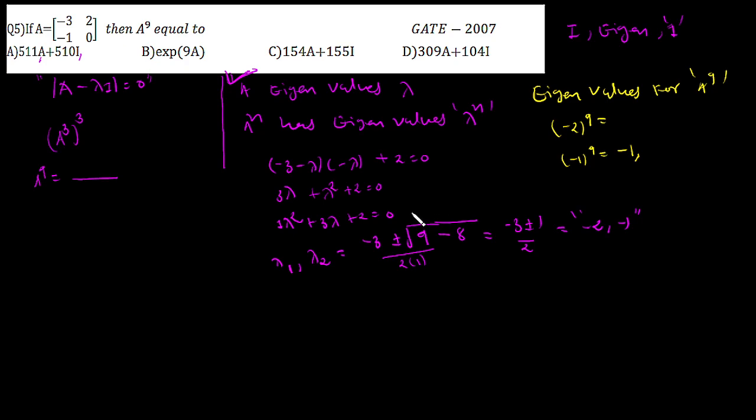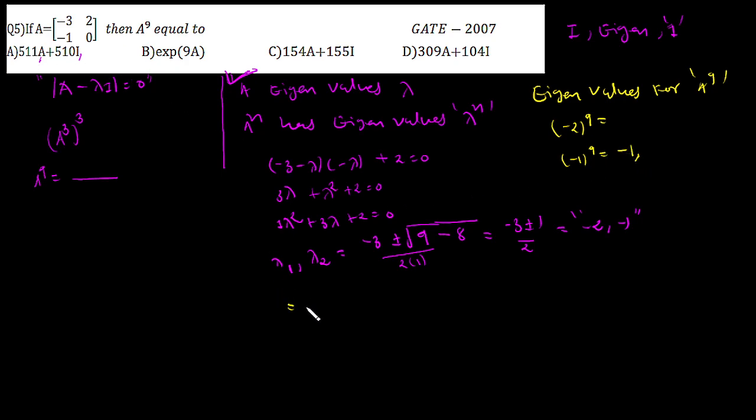So now the next step is to go through the options. The correct option must give the eigenvalue of minus 1, because if we put A to the 9 on the left hand side, one of these relations must give the eigenvalue of minus 1, since A to the 9 has eigenvalue of minus 1. So now let's check option A. Let's find the eigenvalue for this matrix. I have to replace this A with the particular eigenvalue, here minus 1.